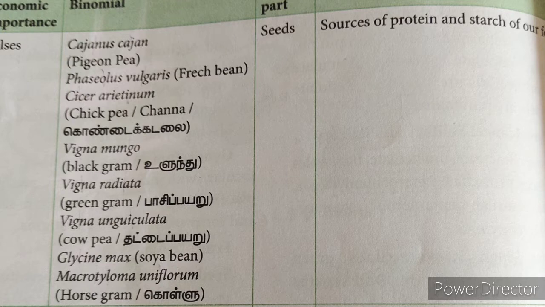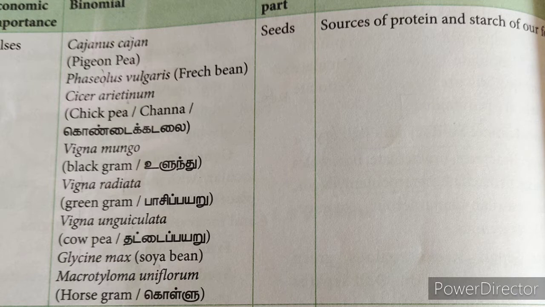So all these types of benefits we get from this family. Now let us begin with the first use, as pulses. Most of the pulses we eat are from this family only.